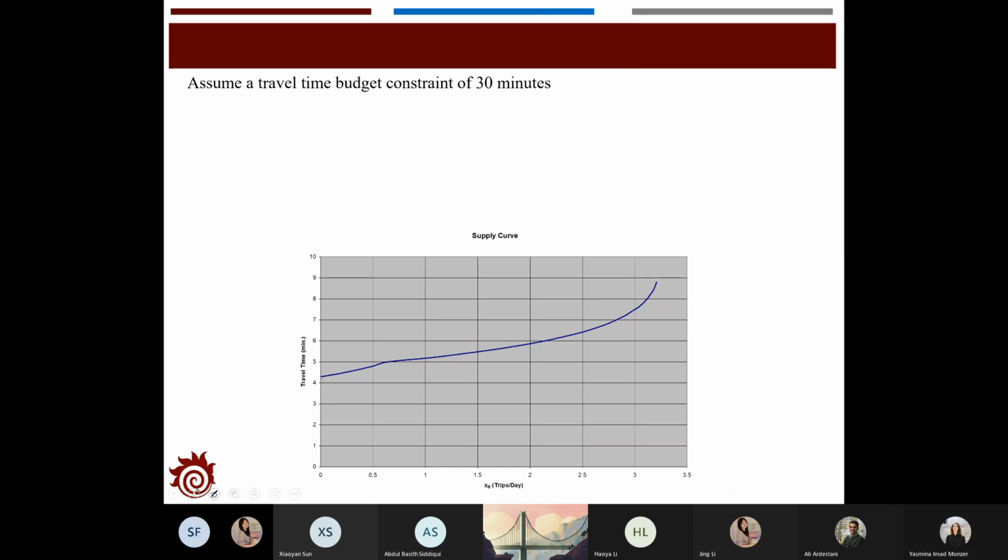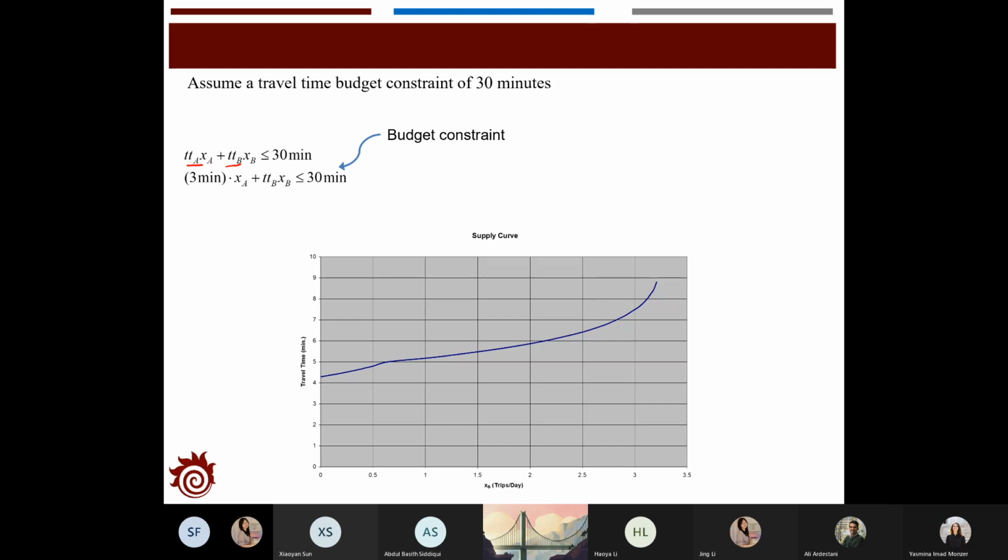Okay, and then we will go to examine the budget plan. So we know that the total travel time budget is set as 30 minutes for each person, and we know that the travel time inside of town A is, assume, TTA, and the travel time in town B would be set as TDB, which would be the travel time from A to B, either through Route 1 or Route 2.